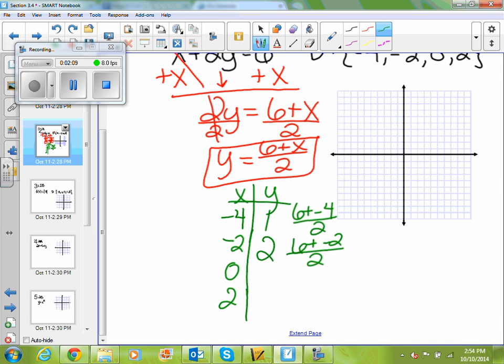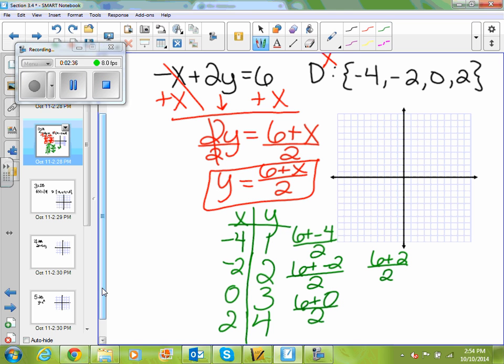If I plug in 0 for x, I get 6 plus 0 divided by 2. 6 plus 0 is 6, divided by 2 is 3. So 3 is my third value. If I plug in 2 for x, I get 6 plus 2 divided by 2. What's 6 plus 2? 8. What's 8 divided by 2? 4. Okay, so these are my y values and x values that I'm going to graph.